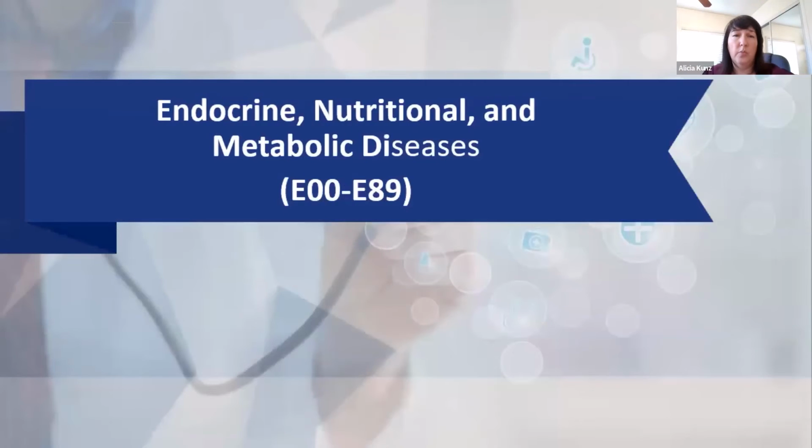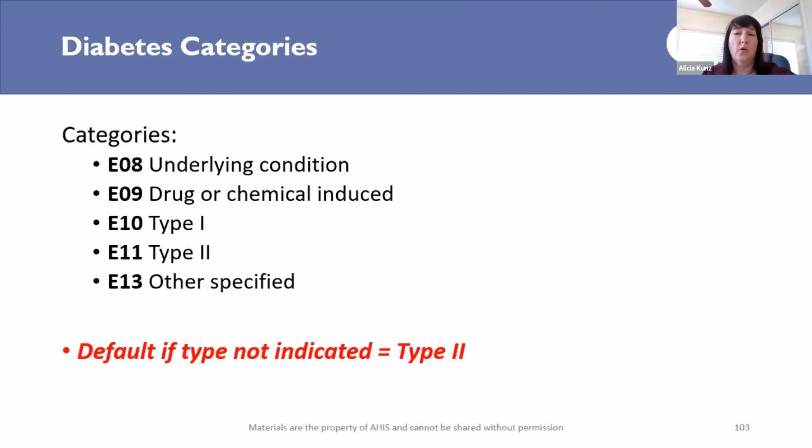We're going to move on to endocrine, nutritional, and metabolic diseases. These are our E codes. So mainly when you think about this particular chapter, you think of diabetes. Now remember, there are 5 different types of diabetes codes. That's quite a bit, but the main one that we're going to be using is for type 2 diabetes.